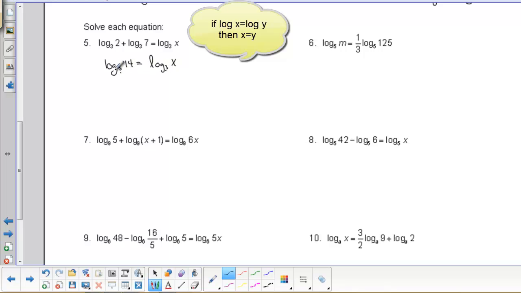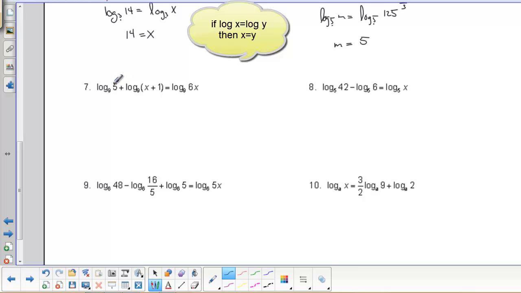Because the bases are the same, the logs drop off. The answer is what's left, x equals 14. Use my power property here, log base 5 of m equals log base 5 of 125 to the 1/3 power. The bases are the same, the logs drop off. What's left is my answer, m equals 5.